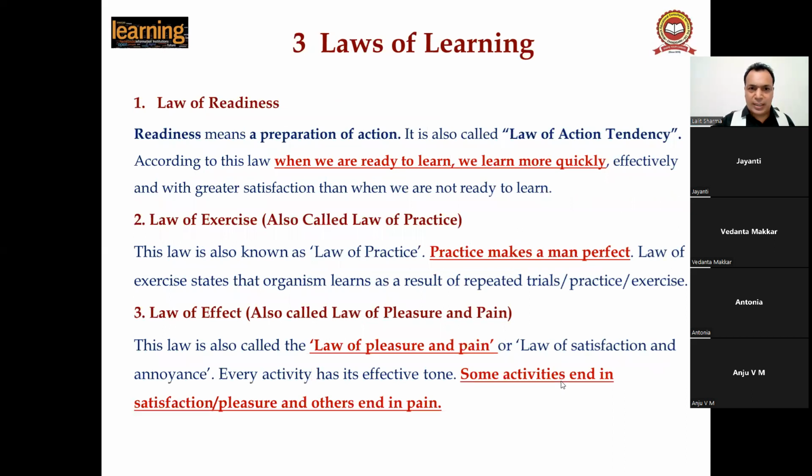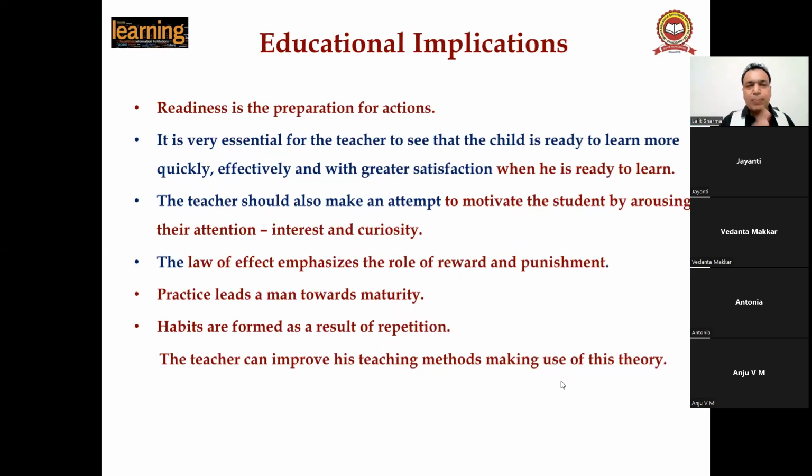And last, we talked about the educational implications of this theory. So when a question comes, explain the trial and error theory given by Thorndike, you have to explain all these 4 or 5 things which we have covered now. Thank you so much for this lecture.